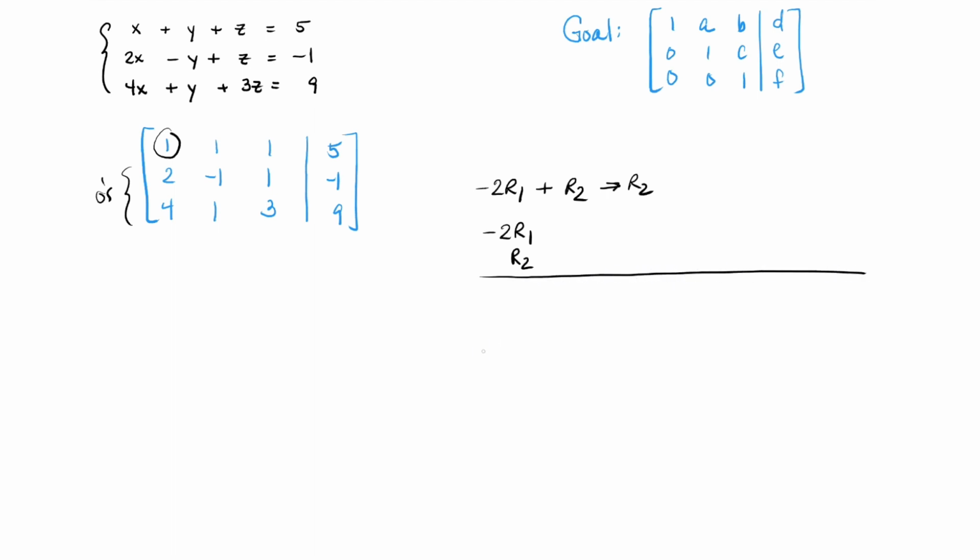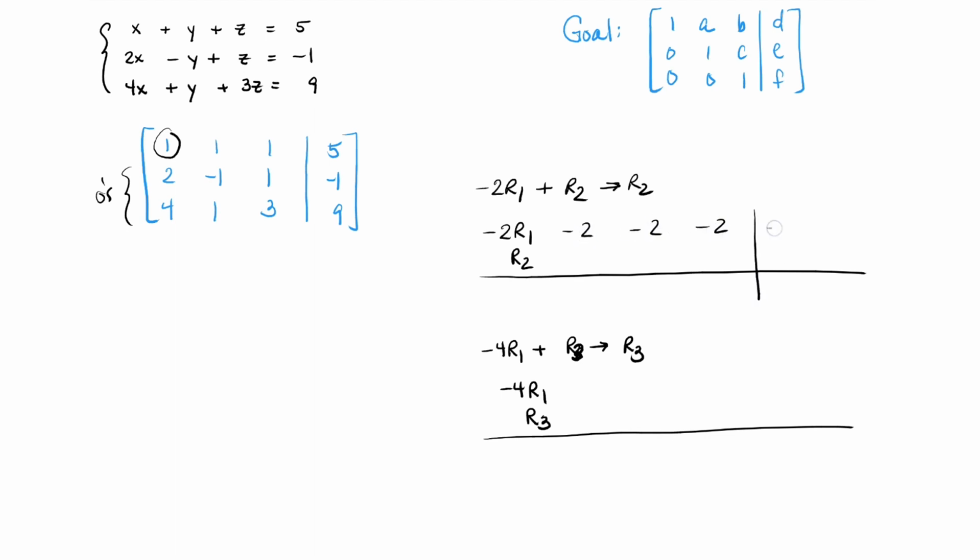And we're also going to take -4r1, add to row 3 to make a new row 3. Okay, so let's see what happens here. -2 row 1 is -2, -2, -2, followed by the augment, and then -10.